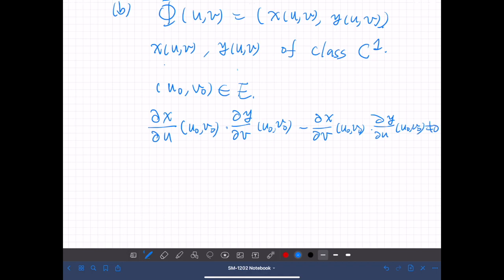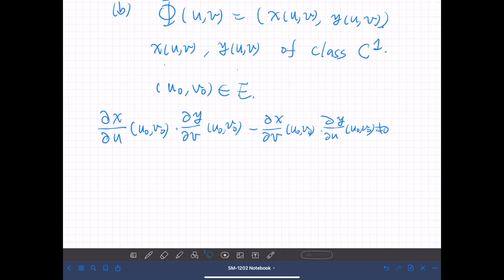So this is non-zero. Here's an assumption. The reason for this will hopefully become clear later.